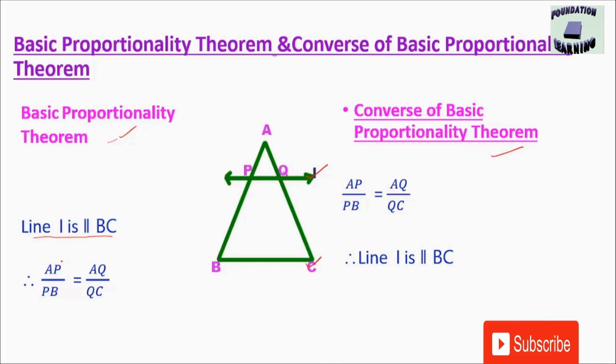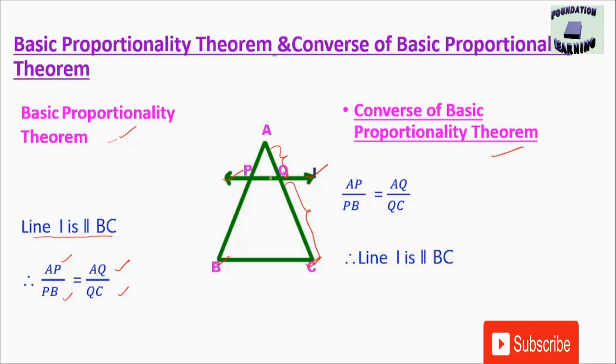The ratio of AP upon PB will be equal to the ratio of AQ upon QC. Since these two lines are parallel, the ratio AP upon PB will be equal to AQ upon QC. So this was the basic proportionality theorem.